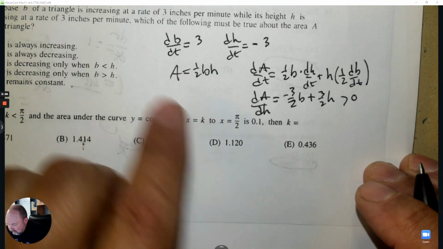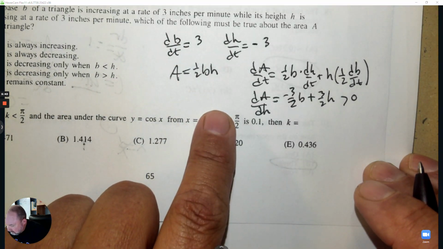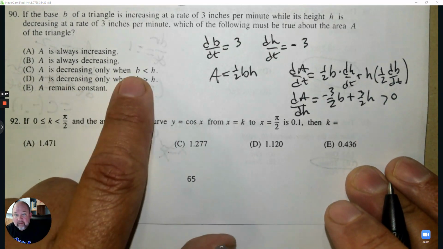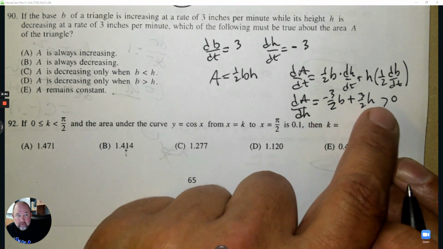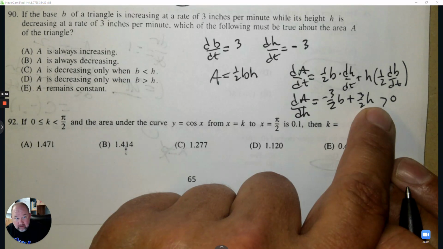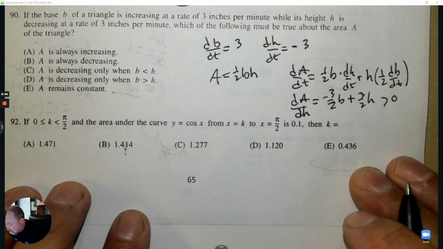It must be true. So A is decreasing when the base is smaller than the height. So if the base is smaller than the height, this negative will be stronger than this positive. So the answer is D.